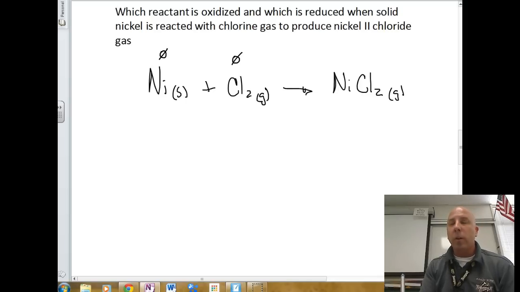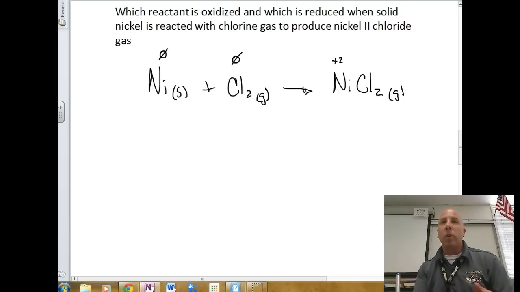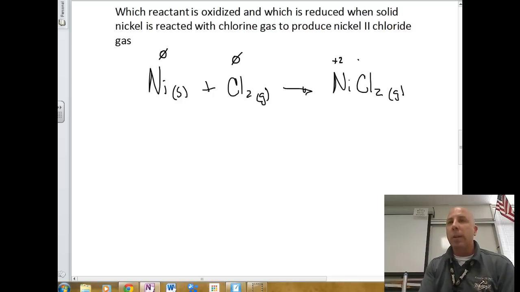Now we go over here and look at the nickel 2 chloride. So nickel, this is an ionic compound, so the nickel is going to have a +2 oxidation number, and each of the chlorines typically has a 1- charge, so each of the 2 chlorines is going to be -1, and that accounts for the 2 chlorines that we have, so -1, -1.